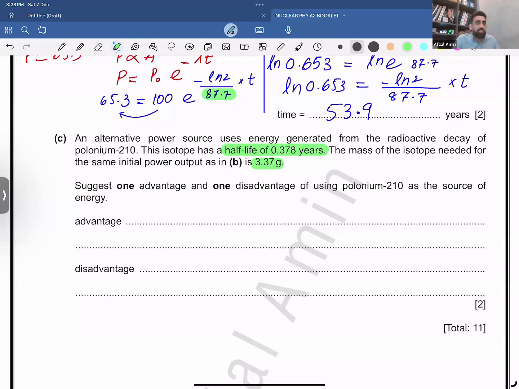Which one is good to launch? Light. So less mass, so very little energy will be needed to launch the probe. That's the advantage.